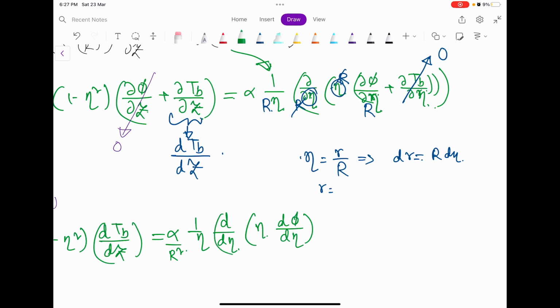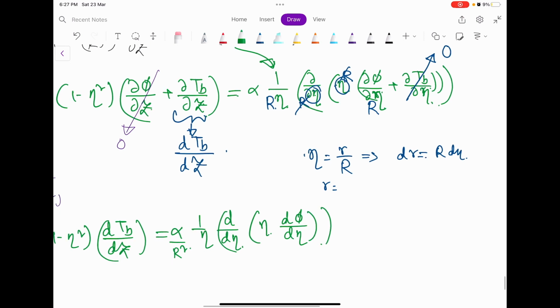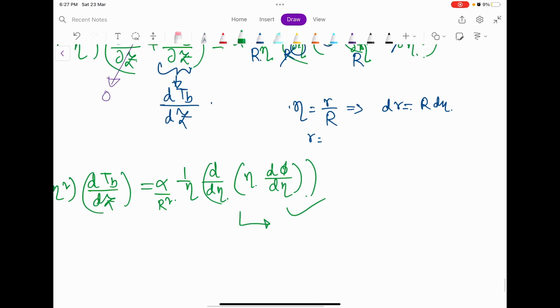So I think I have not made any mistake in writing this term. Let me just break it down, then I can understand. This will be this into this, the first order term, plus the second order term. I have not made any mistake. It is fine. So this is the equation.